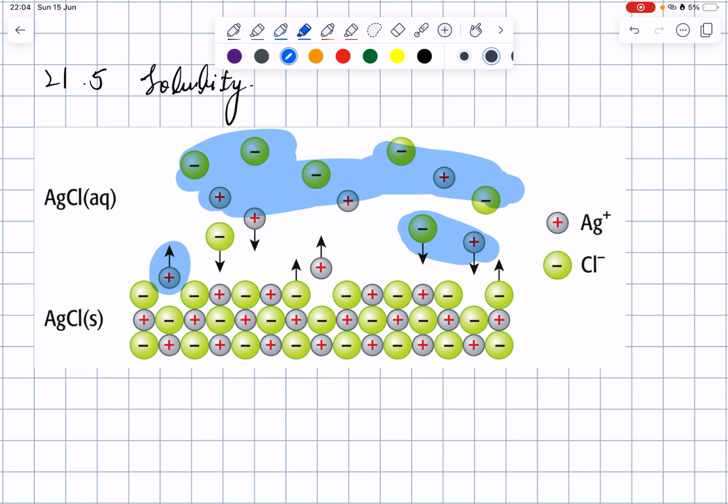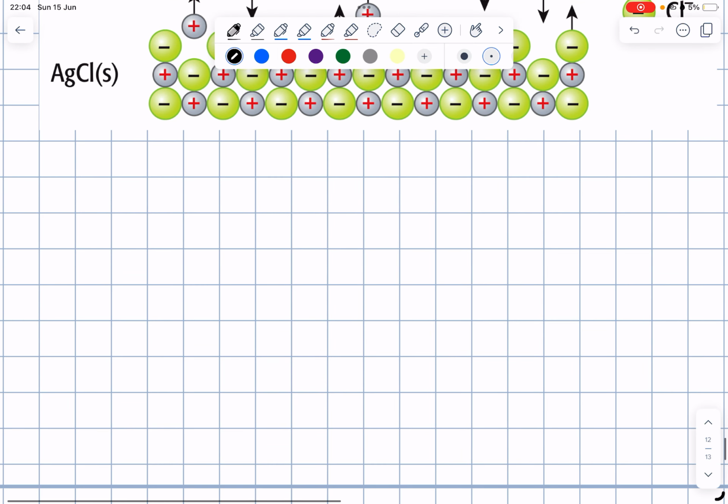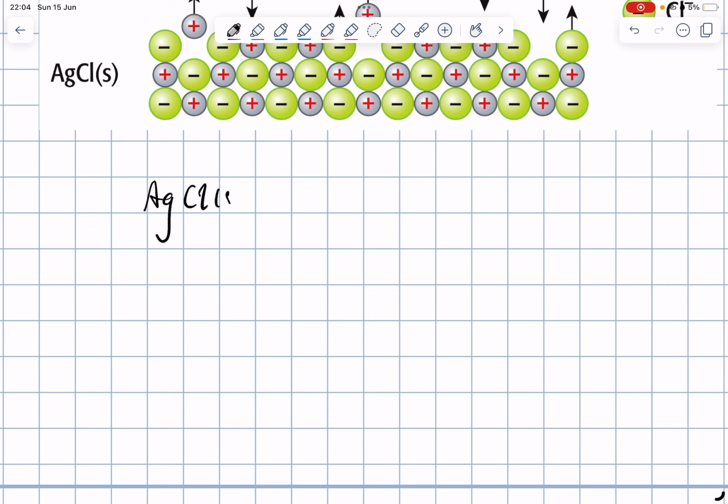However, in the solid state, we do have some ions escaping and turning to aqueous states from solid states, which means when the rates of escaping and trapping ions are equal, we form an equilibrium. So we can write something like this for solution of a salt. It's aq, my mistake, my apology.